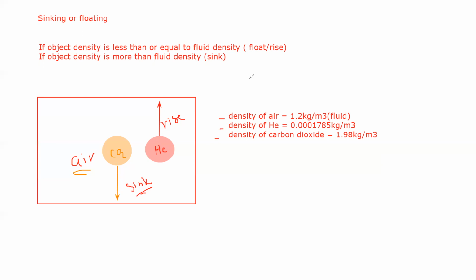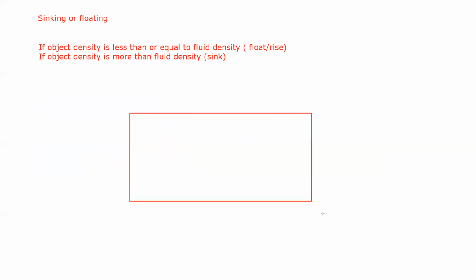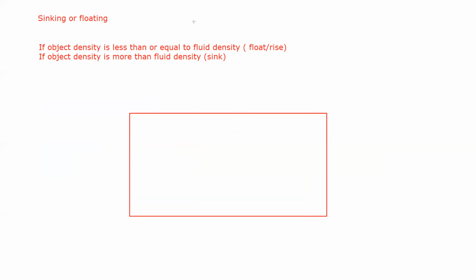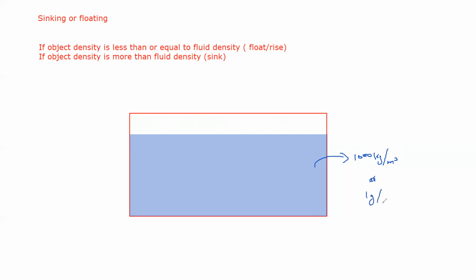Another example, same thing. This was in case of air, but we can also take water. So you have a container which is filled with water. The density of the water is 1000 kilogram per meter cube, or in gram per centimeter cube, it is 1 gram per centimeter cube.